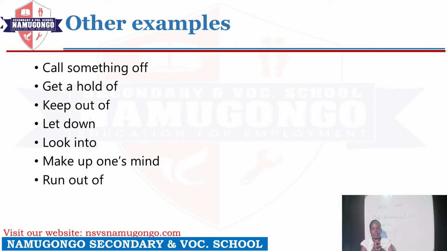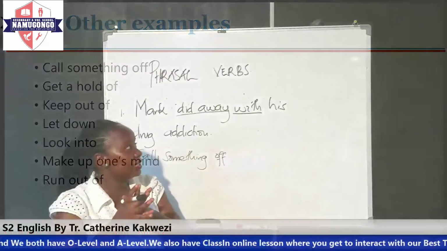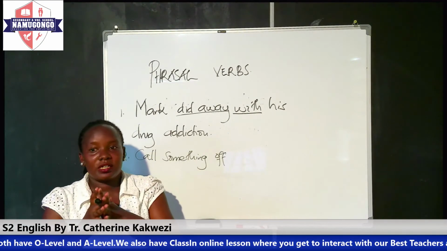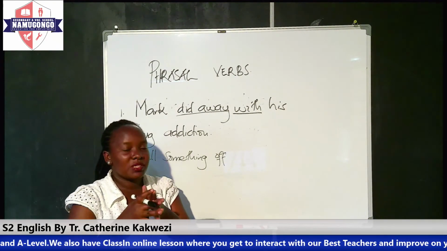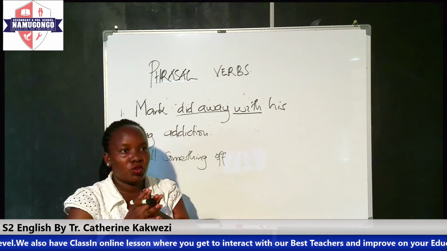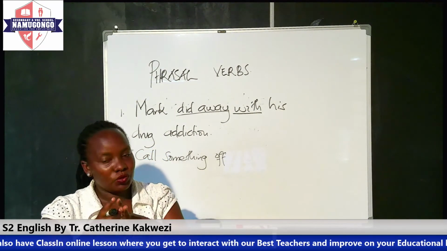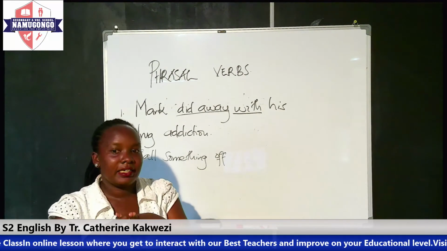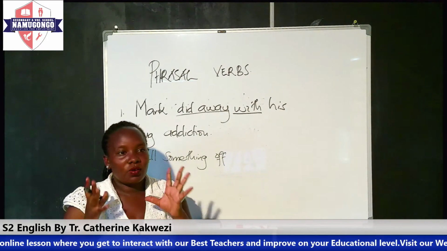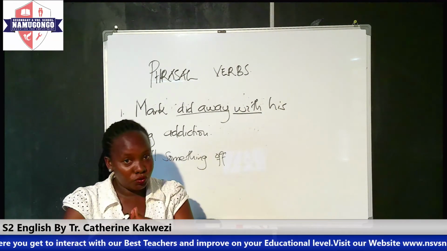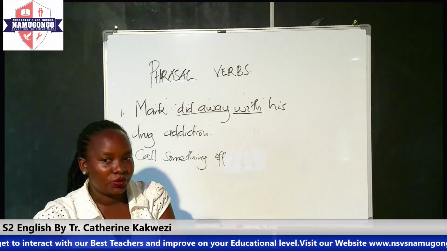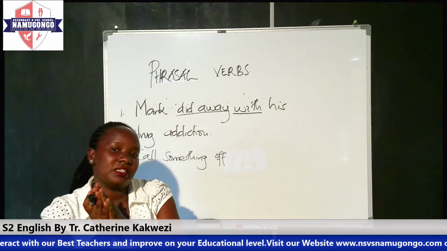Let me give you an example. Perhaps you have been calling someone and wanting to talk to them on the phone for a very long time, and perhaps their phone has been off, or you have been calling and they have not been picking. So finally, when they pick, or when the phone actually goes through, you have got a hold of that person. So that is what it means.